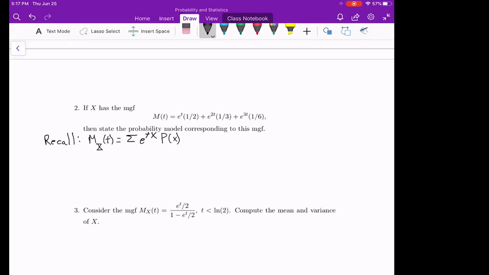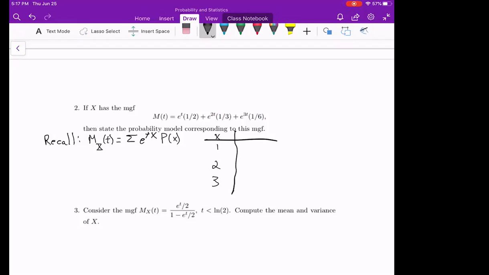And so when you look at this, I could see that there's an e to the t times 1, there's an e to the t times 2, there's an e to the t times 3. And so I could see from this MGF that the possible x values are 1, 2, and 3. Because that's what t is being multiplied by in the power of each exponential.